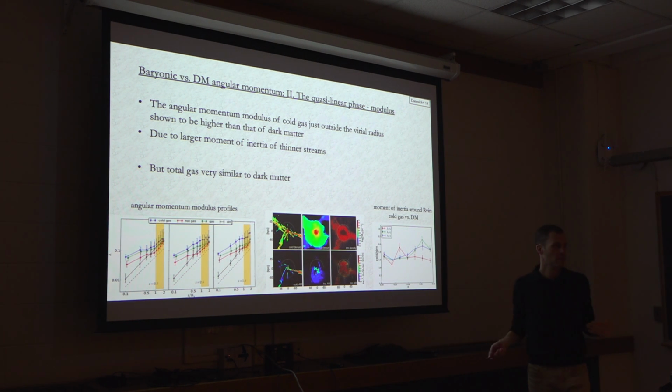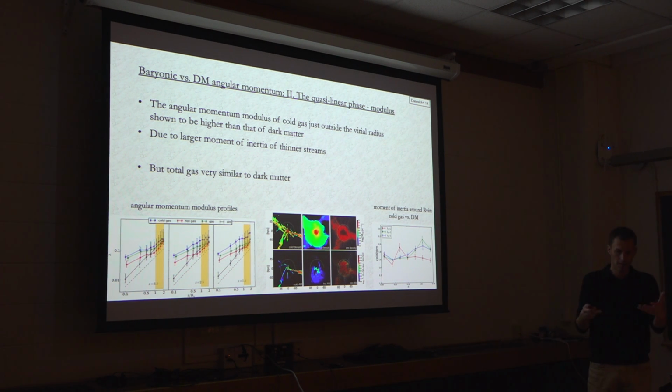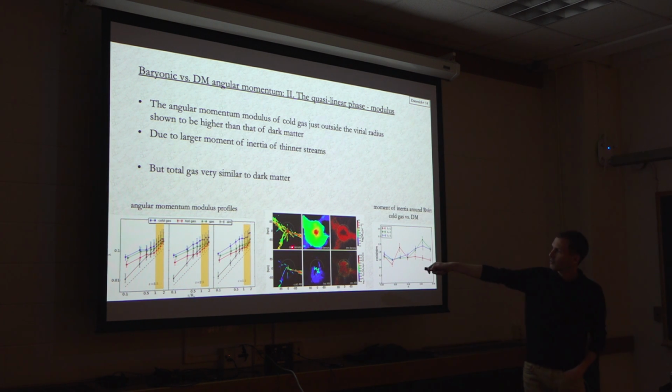So they use this to say, okay, maybe gas is actually accreted onto halos with twice as much angular momentum as dark matter, which would change significantly the amount of angular momentum available for stars to form out. And they trace that back to a difference in the moment of inertia. So here's a picture, with the virial radius, of some halo, where cold gas is shown to be distributed in thin streams, versus the dark matter distributed in much thicker streams.